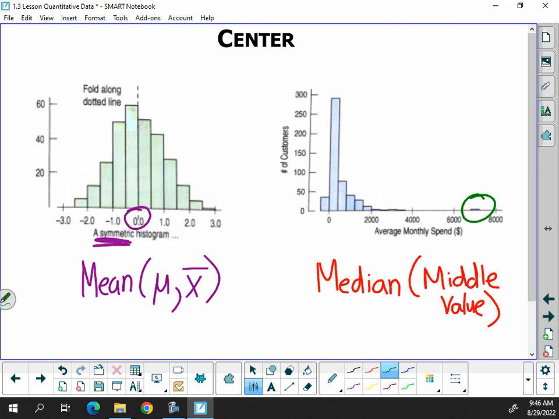So when we add a data point that is really unusual compared to all the rest of them, it's going to really manipulate the mean. The mean of this distribution is going to get pulled towards that outlier. So if we take that outlier out, our mean would be much smaller than if we put it in. The median is not really affected by the outlier because the median is just the middle number. So the outlier is not going to affect where the median is located. It gives us a better idea of where the middle of the data is, which is probably going to be somewhere in here.